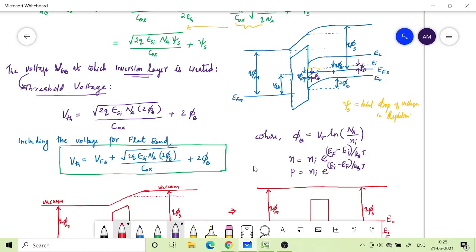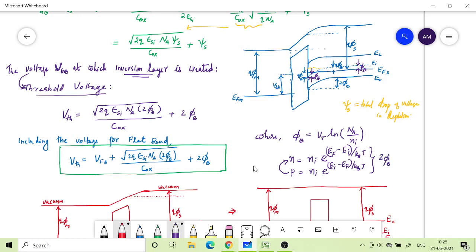So we apply a sufficiently high voltage such that the bending makes our psi s, if we want to go from here to here, how much voltage do we need to apply? We need to apply 2 phi b.